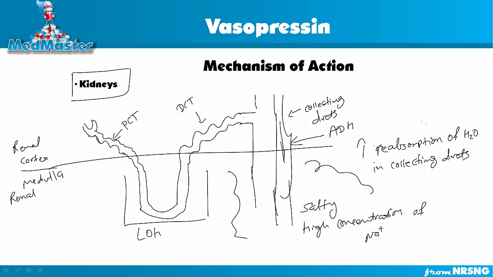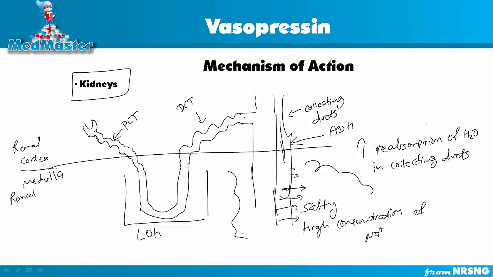Now when ADH makes this whole thing permeable to water, which it usually is not if there's no ADH, then water can't pass through the collecting ducts, so it just gets excreted through the urine. But when ADH makes it permeable, the water moves from the urine out into this salty part, because water moves from low concentration to high concentration, and that's how the water gets reabsorbed.